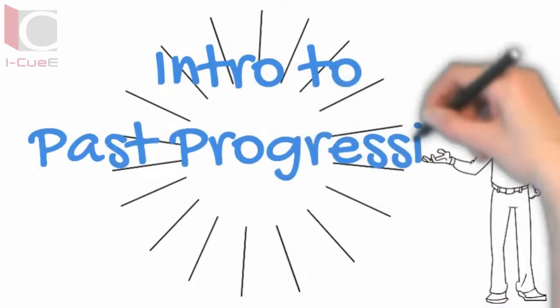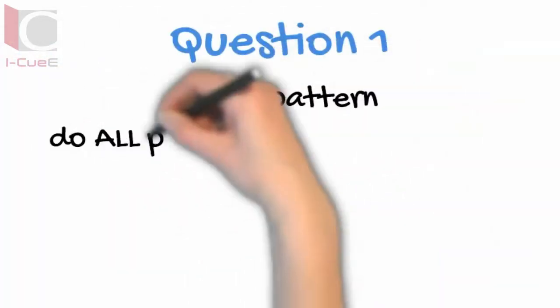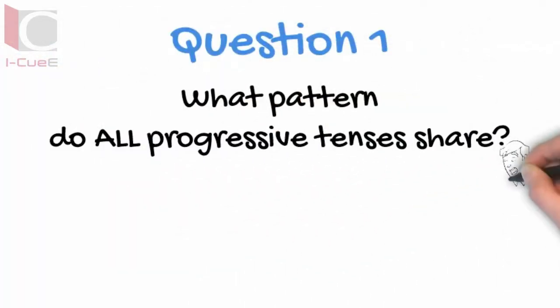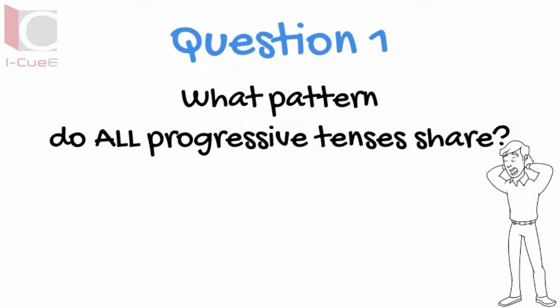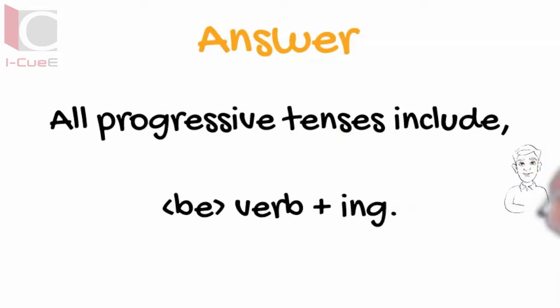Intro to past progressive tense. What pattern do all progressive tenses share? All progressive tenses include be plus verb ing.